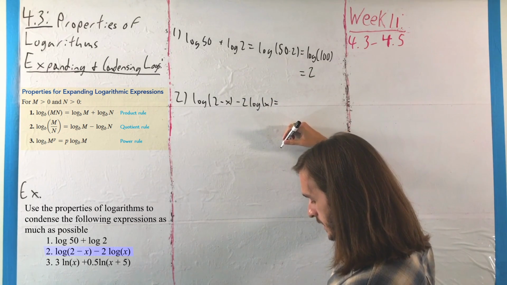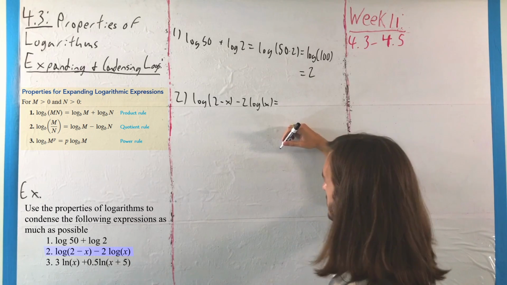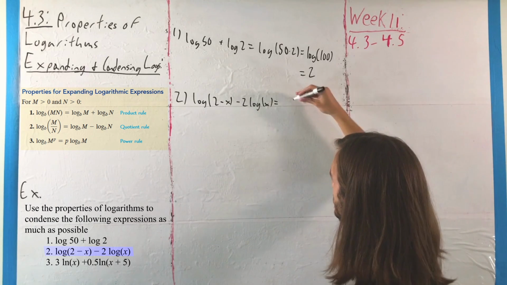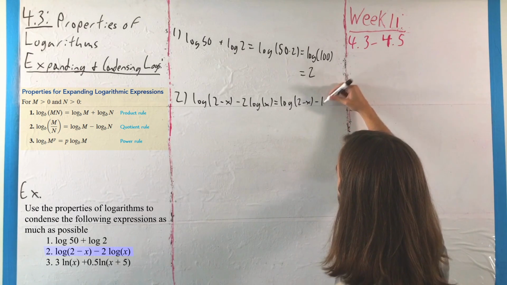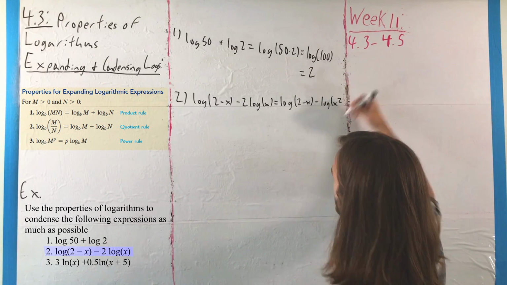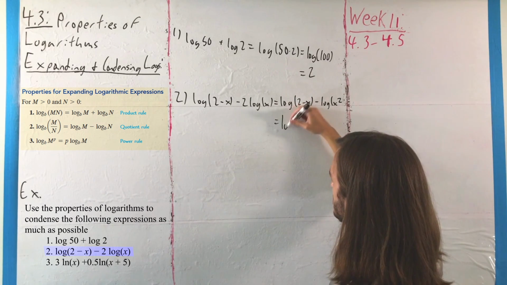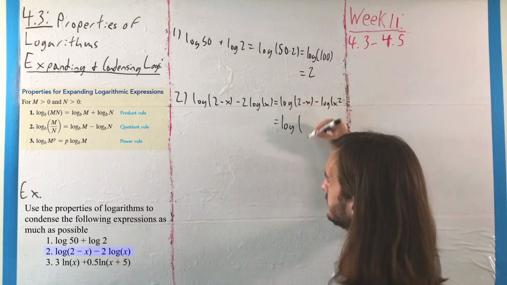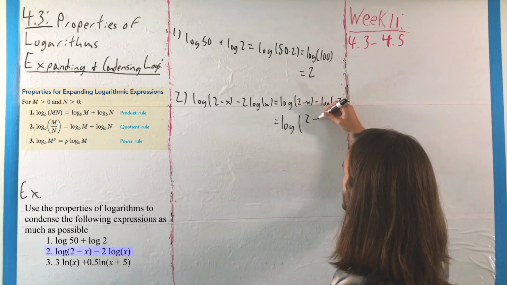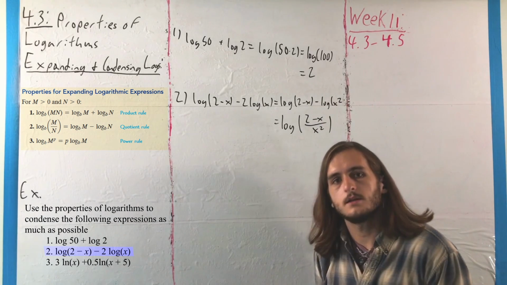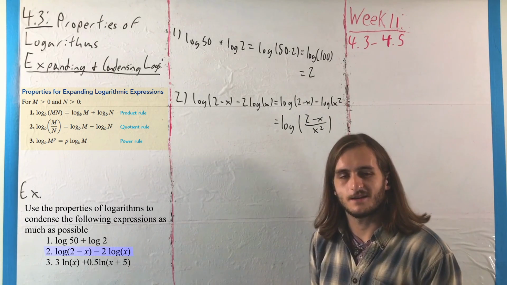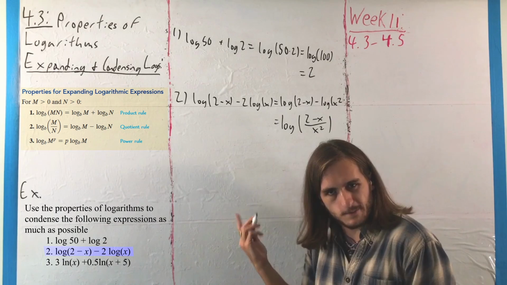What I would start by doing here is pull that 2 to the inside. So you'd have log of 2 minus x minus log of x squared, and then just liberally apply the quotient rule. So you get 2 minus x over x squared. And that's how you'd condense it down.